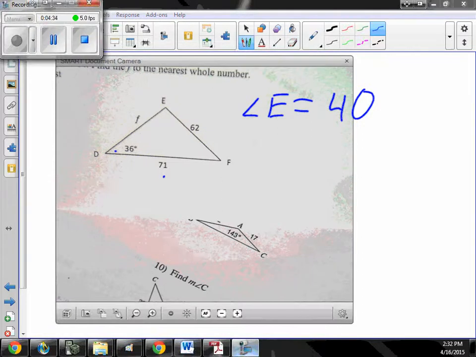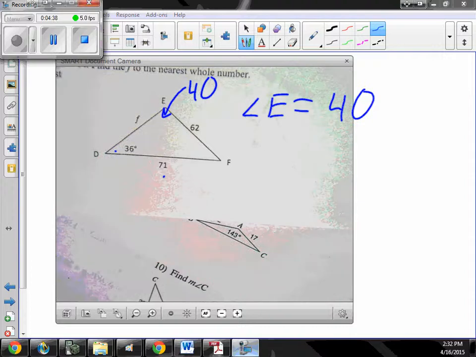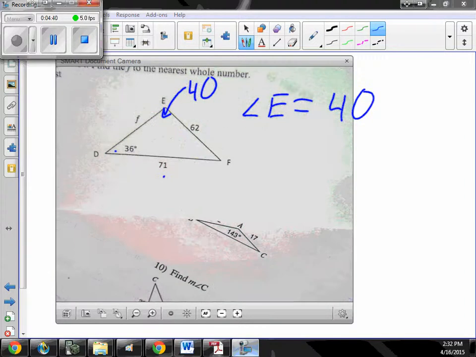How many triangles are there? Well, if E is 40, then its supplement would be 140. Can 140 and the original 36 make a new triangle? Yes. So in that case, there would be two triangles.